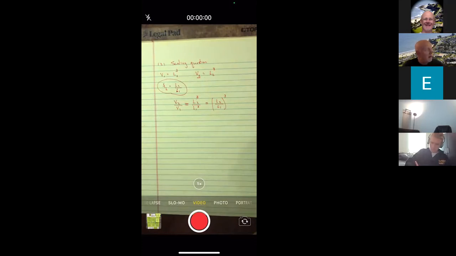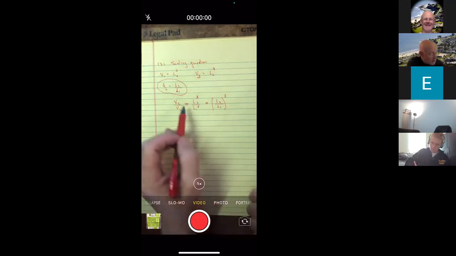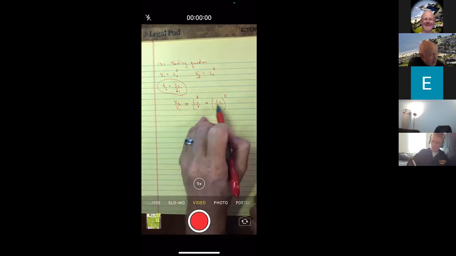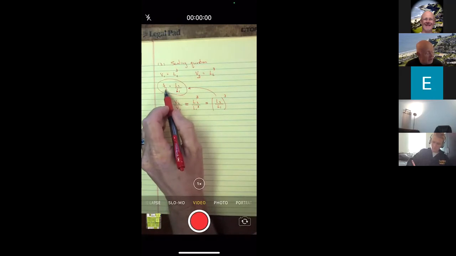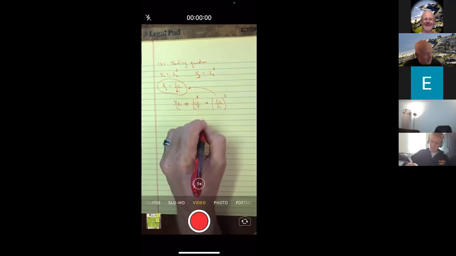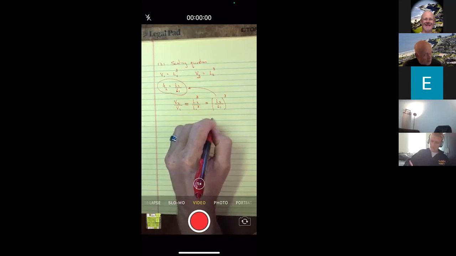Now, I think this might be your question. This right here is that definition of his scaling factor based upon length. So this would be F of L, and it would be cubed.